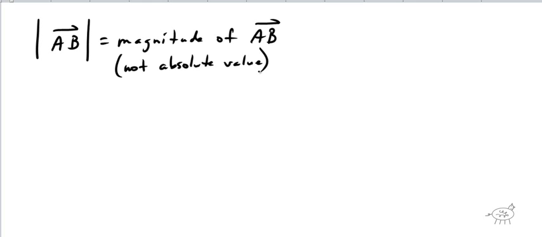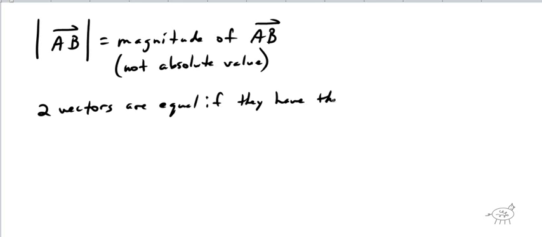All right, a couple more things here. Two vectors are equal if they have the same magnitude and direction.